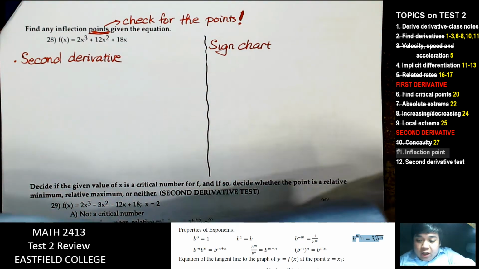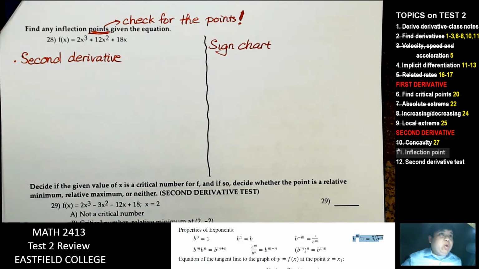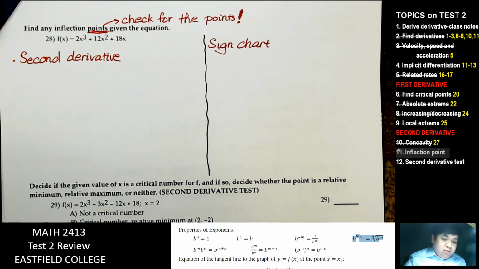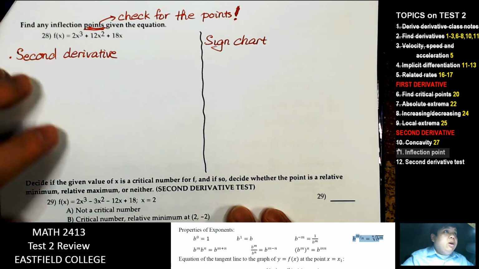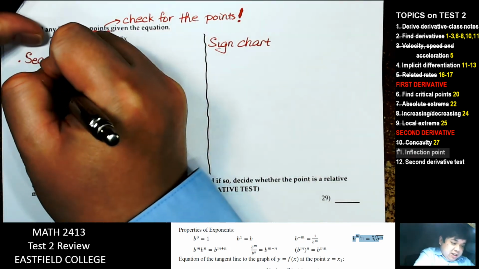The sign chart is a little bit different. You say, why do we just have the inflection point, why do we have to check for the points? Because that needs the y values. But then why do we have to do the sign chart? It will make a lot more sense when we get there.